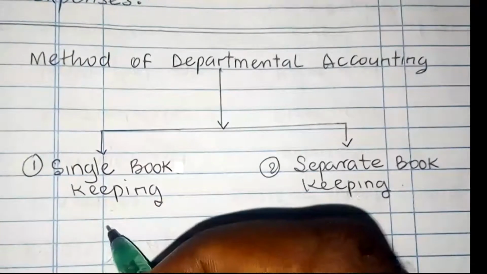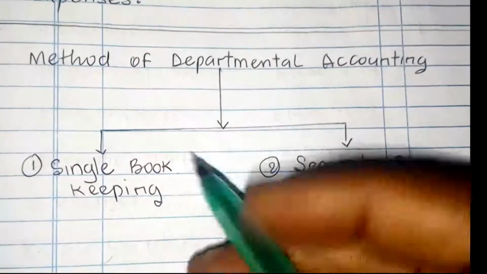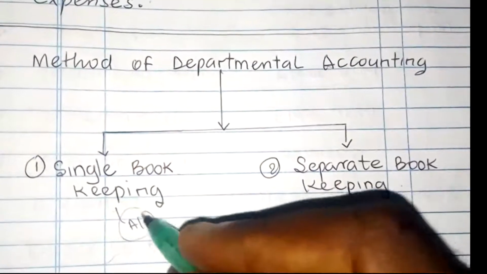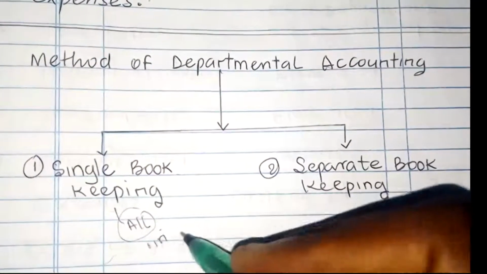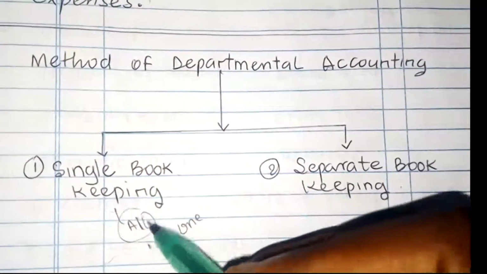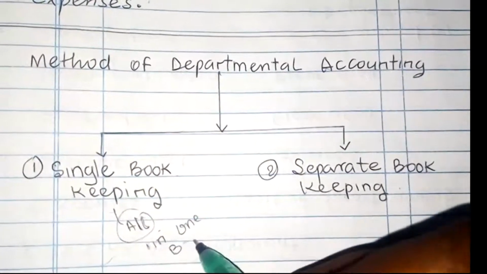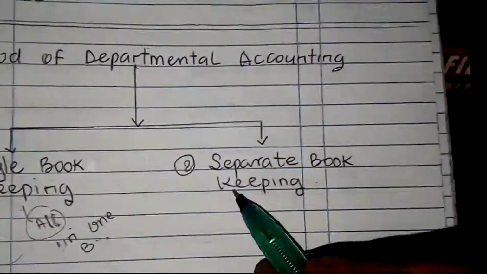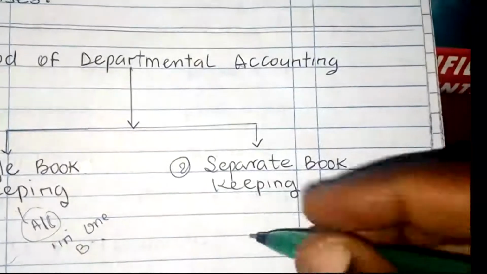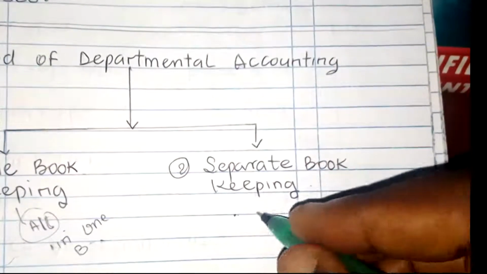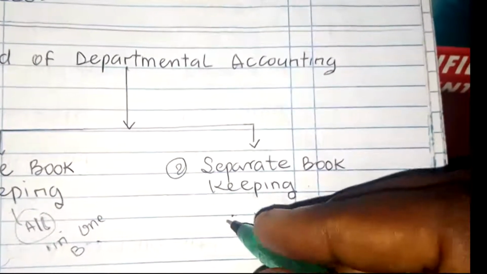Okay, class. Let's look at the basis of apportionment. Before I explain it, there is what we call allocation of expenses, and then we also have apportionment of expenses.